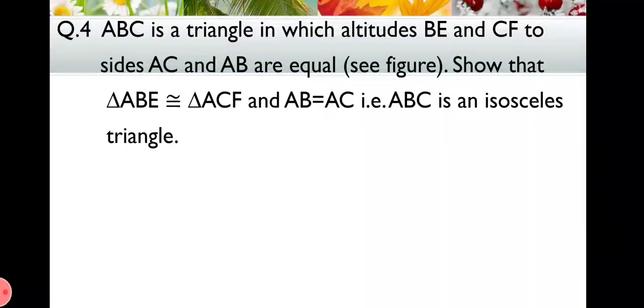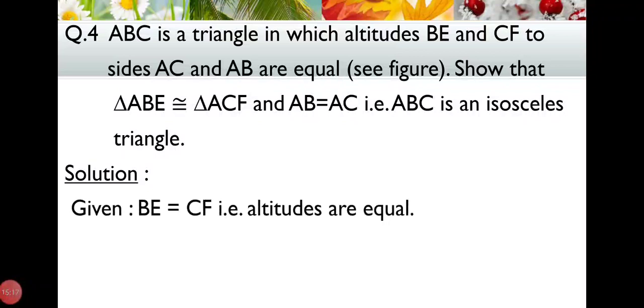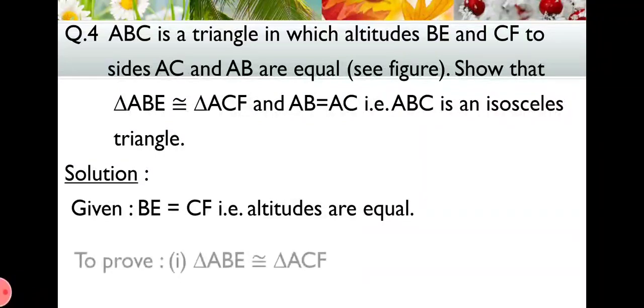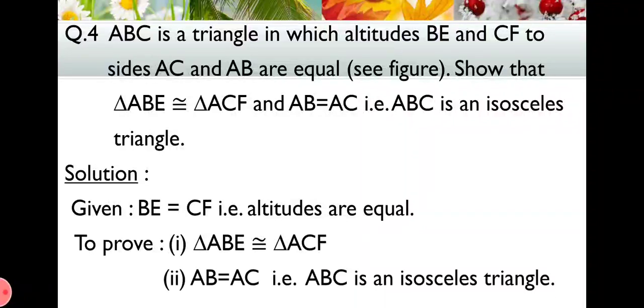For solution, given BE equal to CF, that is altitudes are equal. To prove, first triangle ABE congruent to triangle ACF, and second AB equal to AC, that is ABC is an isosceles triangle.